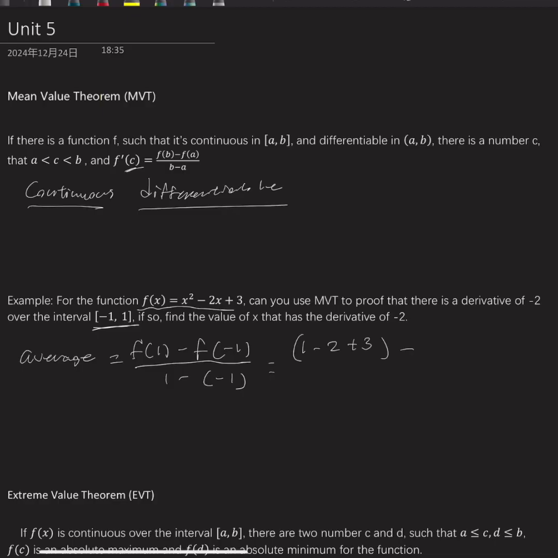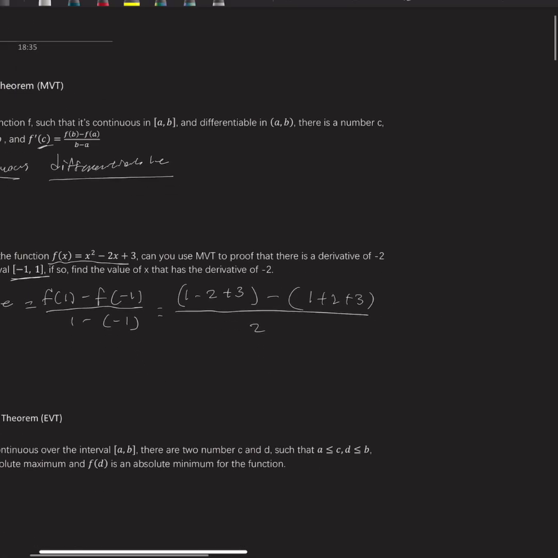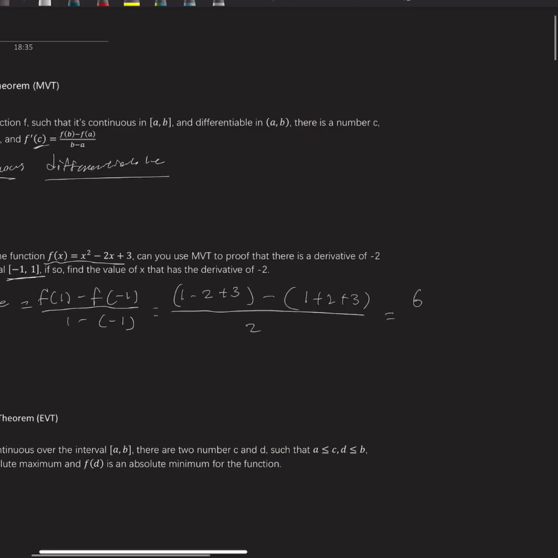And minus, if you substitute -1 in, that's 1 plus 2 plus 3, all over 2. So that is 2 minus 6 over 2, which is equal to -2.